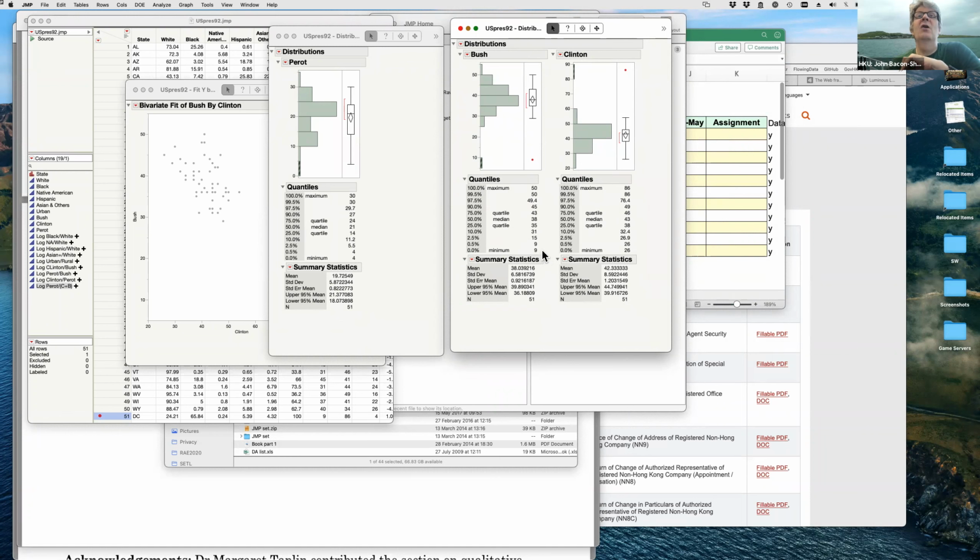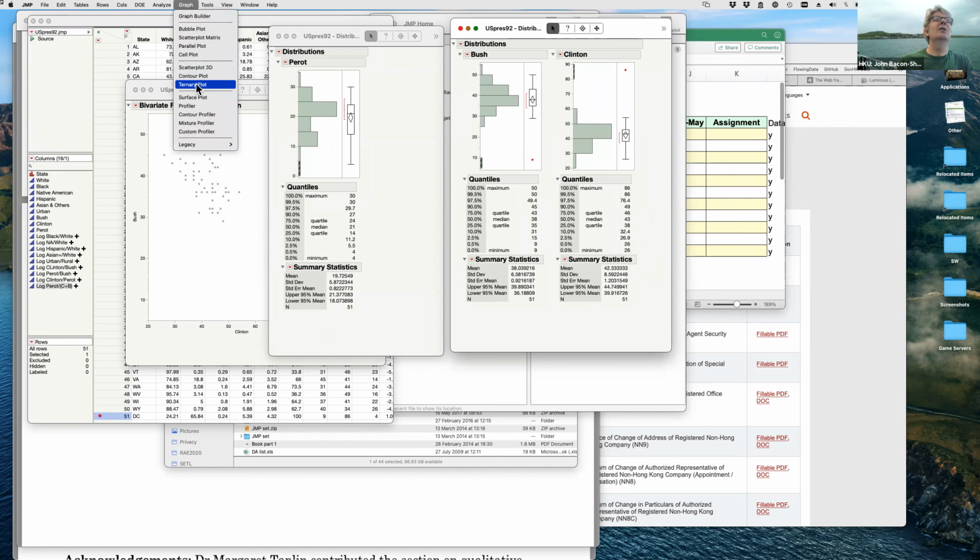Bush only got 9% in one state and Clinton only got 26% in one state. So there are clearly states they both lost, but Clinton has 86% maximum. Obviously, he won that. Bush had 50%. Obviously, he won that, because the other 50% was split between Perot and Clinton, and Perot never got less than 4%. So we can see there is a pattern going on.